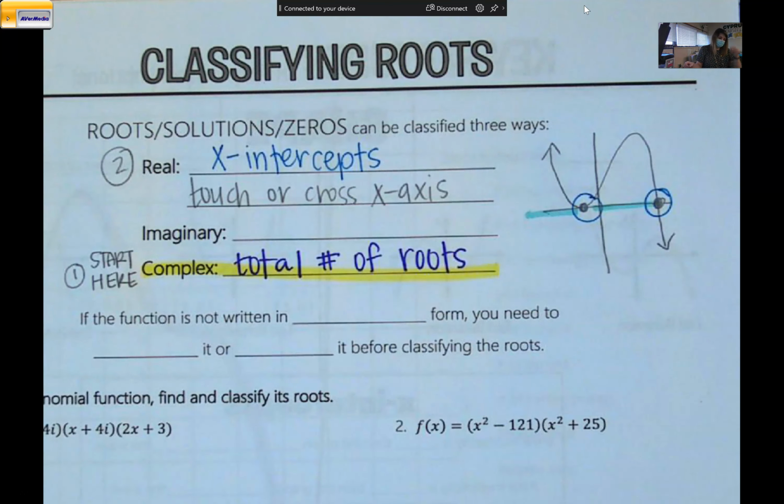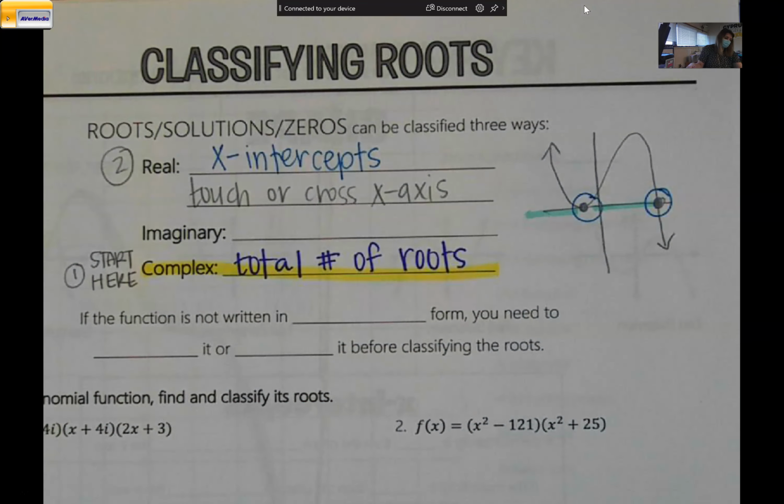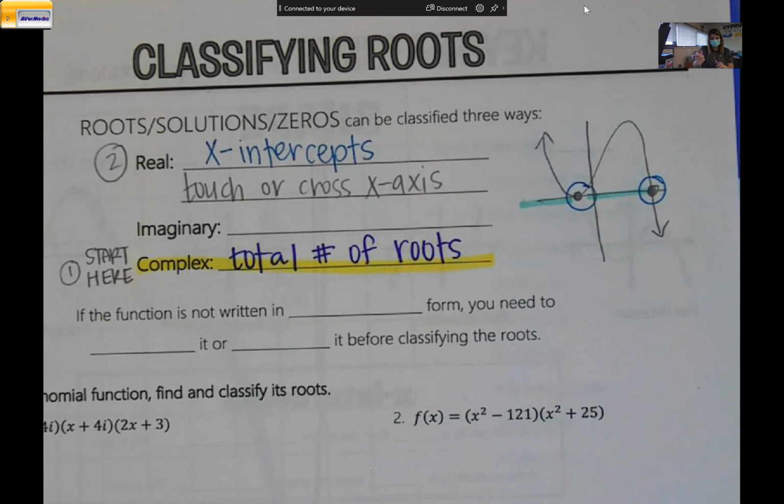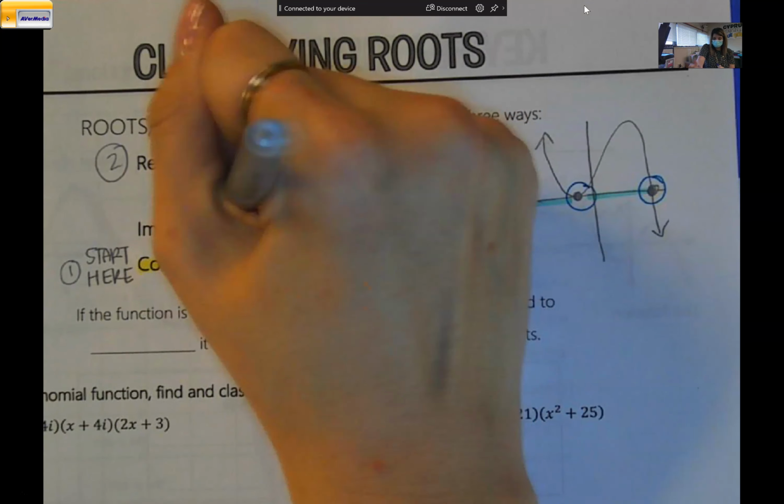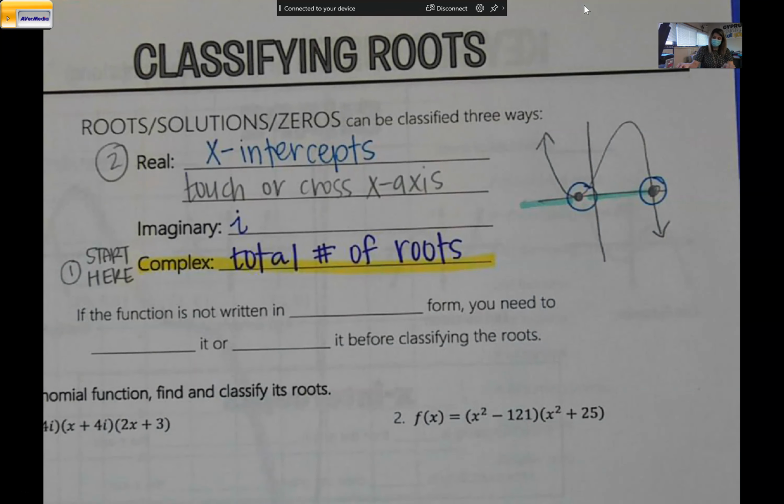Your imaginary roots have an i, which means you can't see them. You cannot see them on a graph.